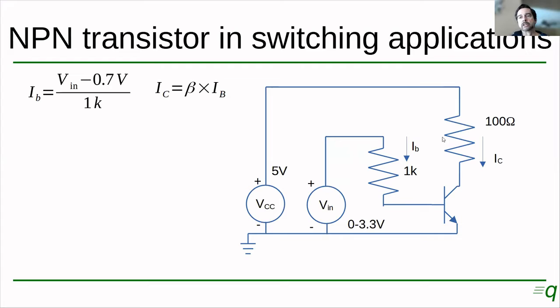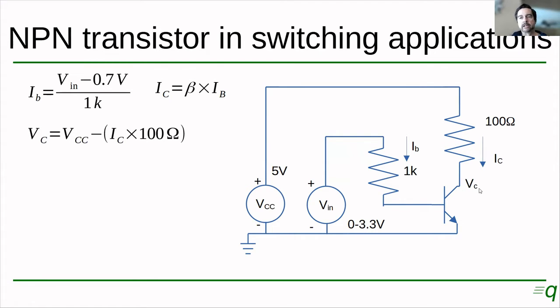This base current is going to be reflected on the collector, but 100 times higher, right? Or multiplied by a factor of beta. Beta, like we said, can be in the range of 100 to 300. So we're going to have a collector current that is much higher.